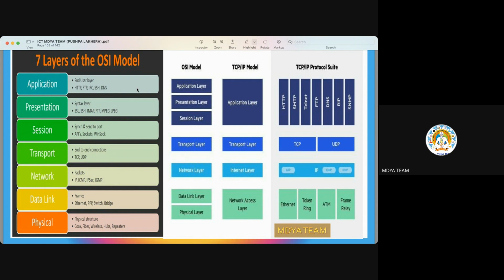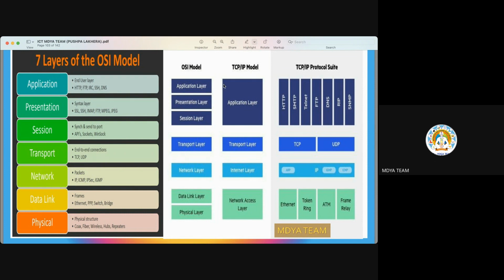So don't get confused, and just study what you need for examination purposes. If you have interest, you can study in more detail. This is a very vast subject and topic, these models and protocols.